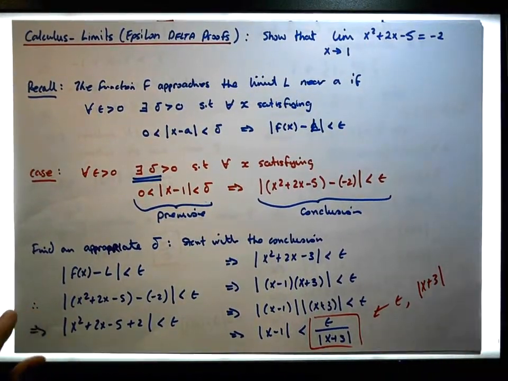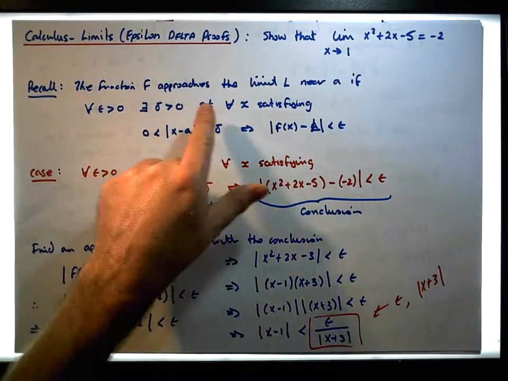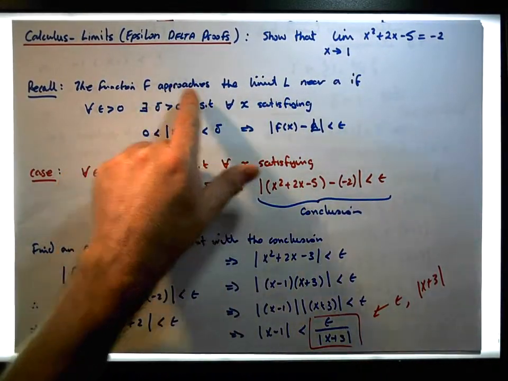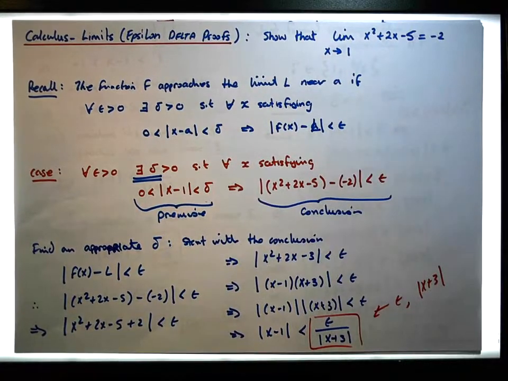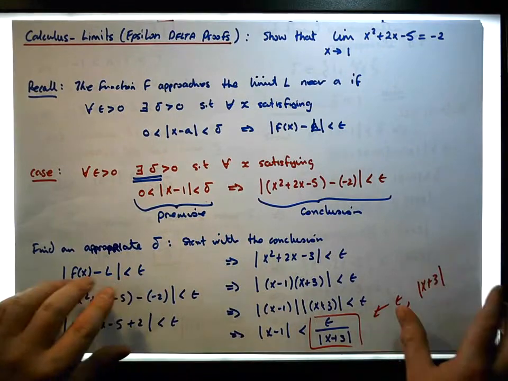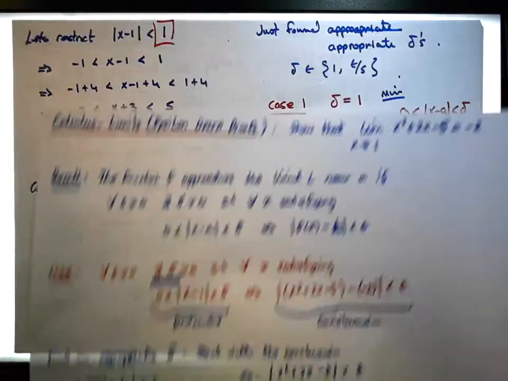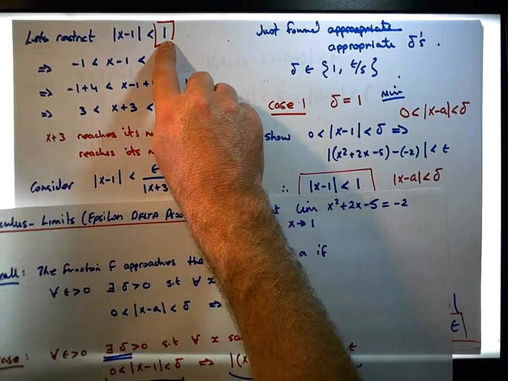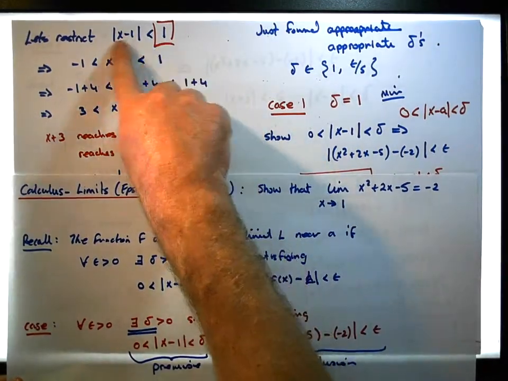And one thing that we do know from our limit is that the function approaches the limit L near a. So let's restrict our concentration to somewhere near a. In fact, let's make delta less than 1. So within 1 unit of a is really what we're looking at.